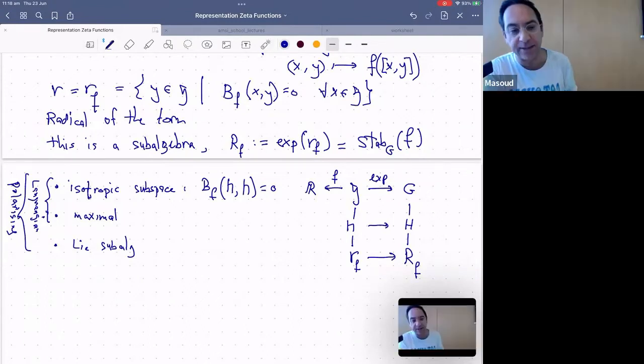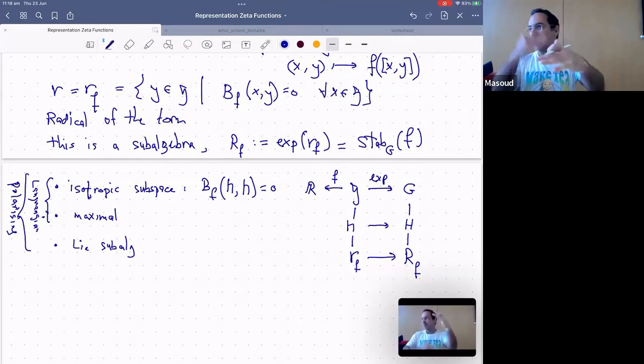The question is, is the polarizing algebra unique? No, it's not unique. Thank you for the question. Yeah, you're right. So I'm modding out by the radical. At any point I can just kill the radical and not think about it.